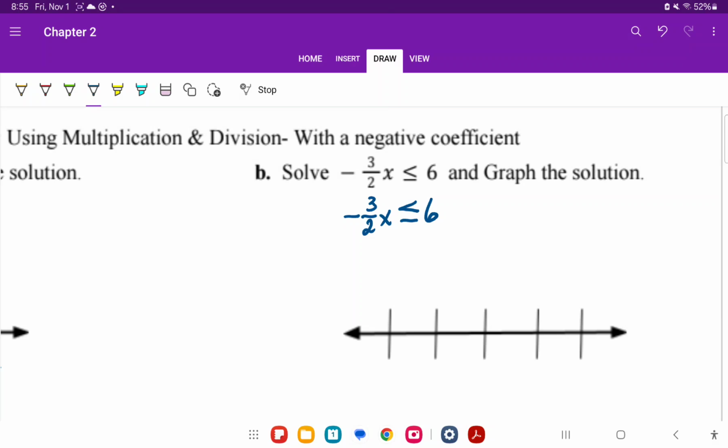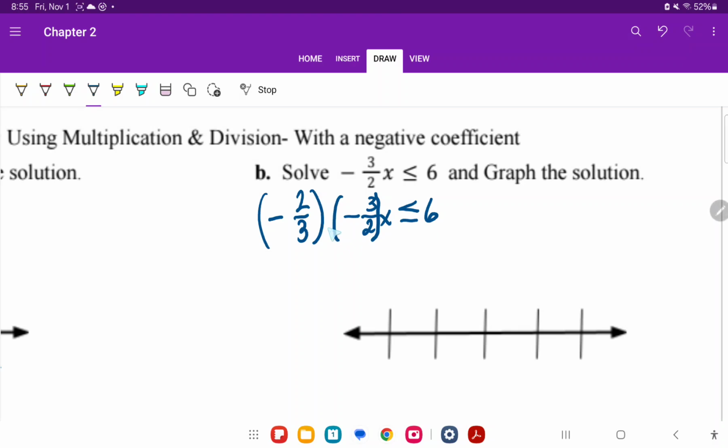So I multiply by the reciprocal, right? We're going to flip that over. So right here, we're going to multiply by a negative 2 over 3. Okay? So we have negative 3 over 2, so we're going to multiply by negative 2 over 3.